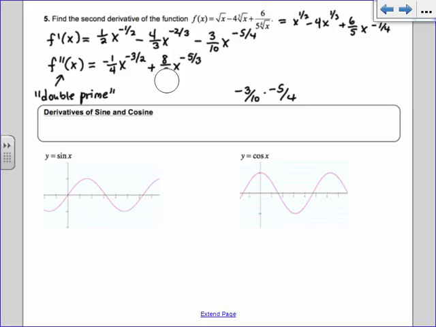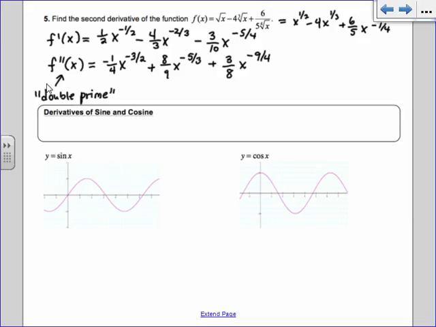Thank you. All right, so this and this cancel. So I get negative 1 and a 2, so I get 3 over 8 x to the negative 9/4. Subtract 1 from the power, so minus 4 over 4. All right, and that's our second derivative.